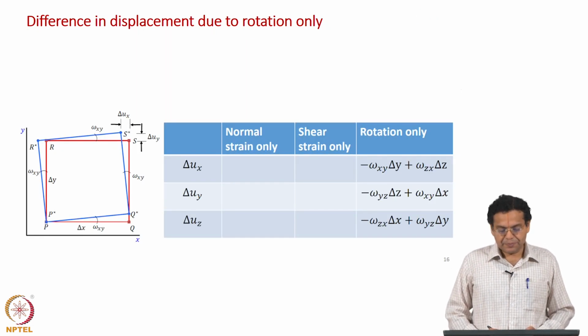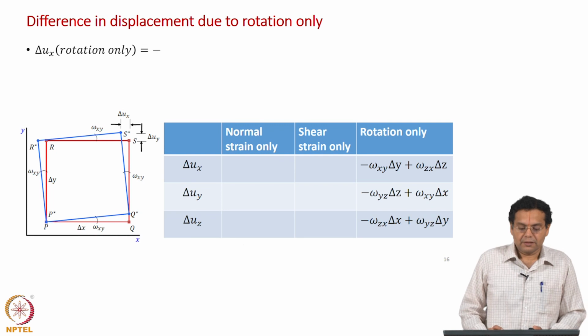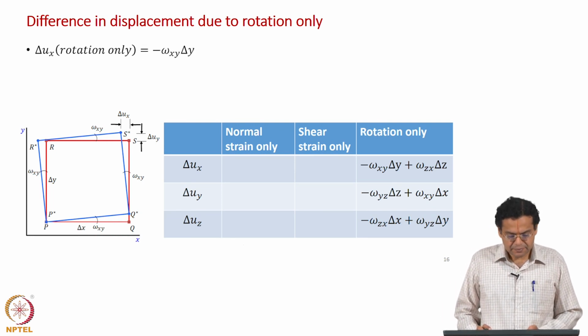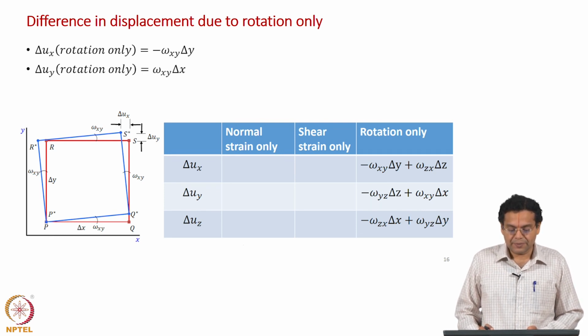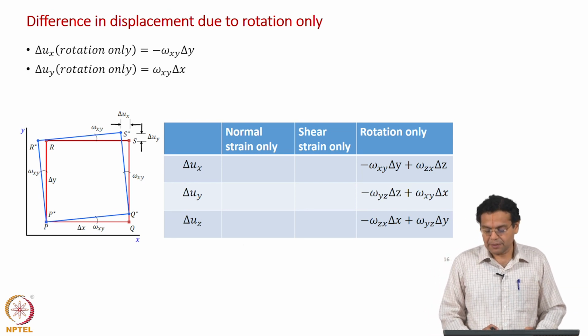Okay. So, now let us summarize the expressions which we have derived in the previous slide for difference in x displacement, difference in y displacement due to rotation only. Now, let us fill up this table.